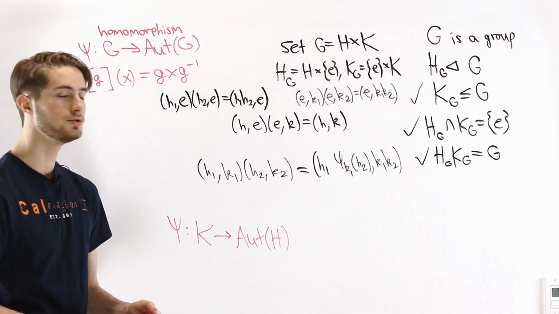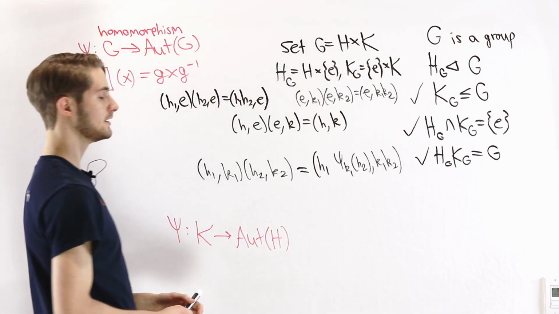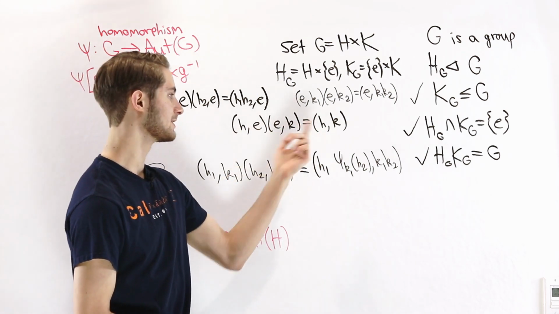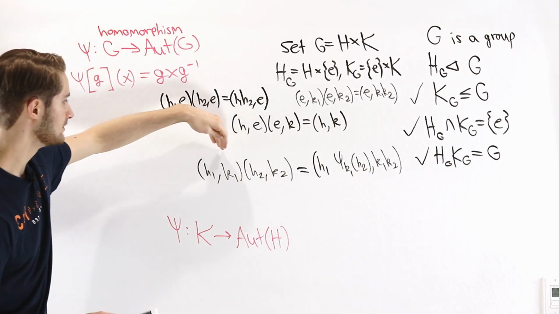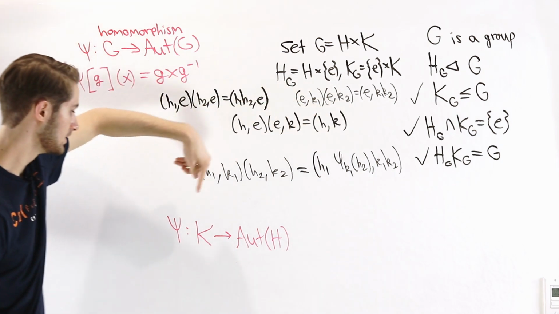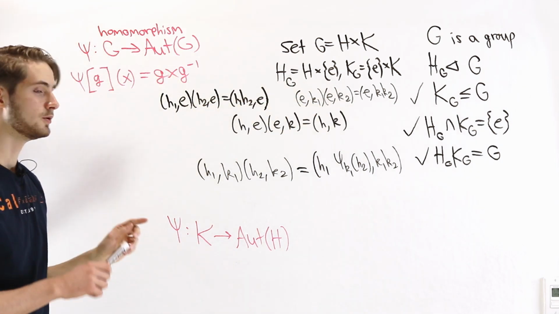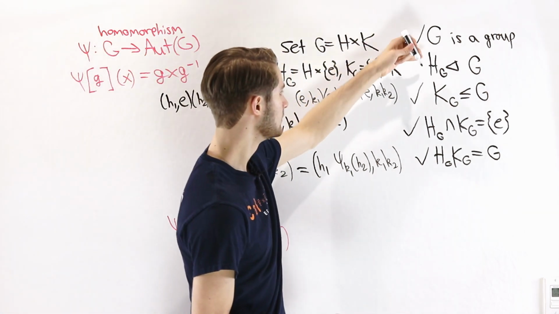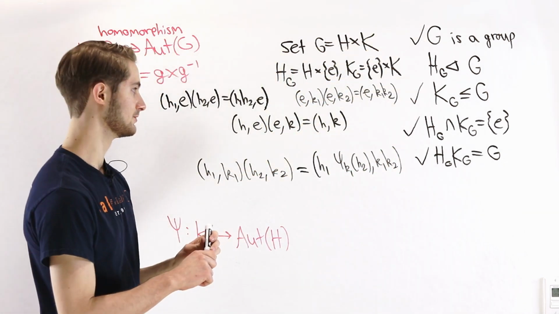So starting with two arbitrary groups H and K, if we define a new group where the elements are of the form (h, k), and our group law is given by this multiplication with this map psi, we know that this is going to be a group. And in particular, we have all of the conditions that we saw before.